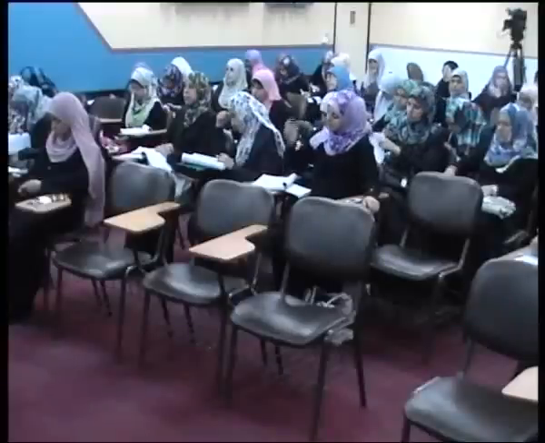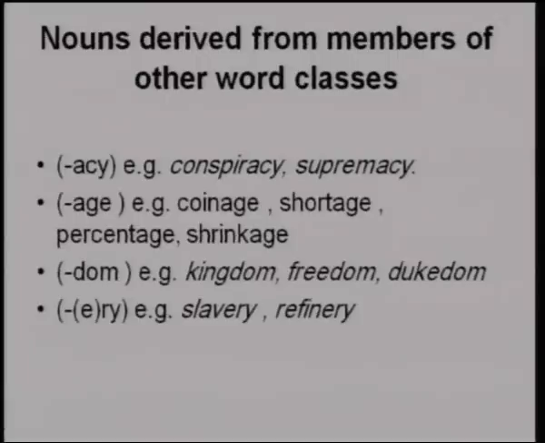So we have conspiracy, from conspire, supremacy, from supreme, coin, coinage, short, percent, shrink, king, free, duke, dukedom, slave, refine, refinery.